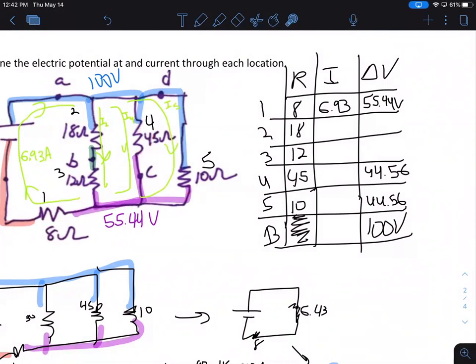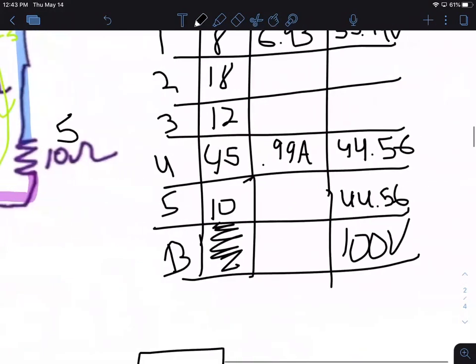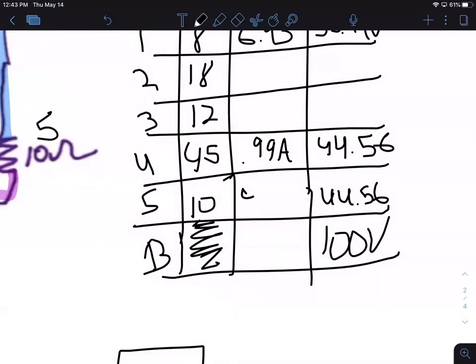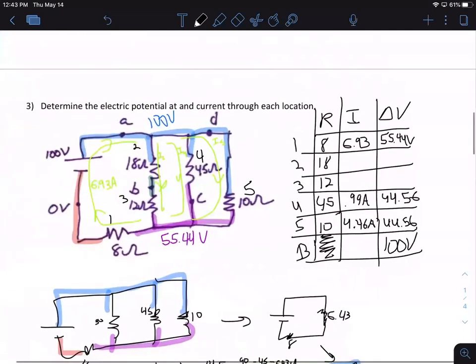We can find the current required to make that happen. 44.56 divided by 45 is 0.99 amps. 44.56 divided by 10 is 4.456. We'll round up to 4.46 amps. Great.